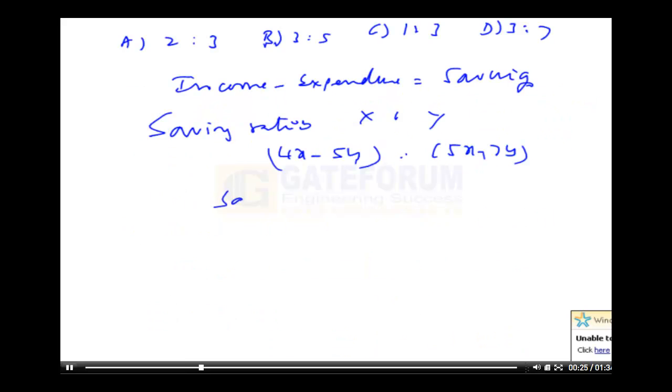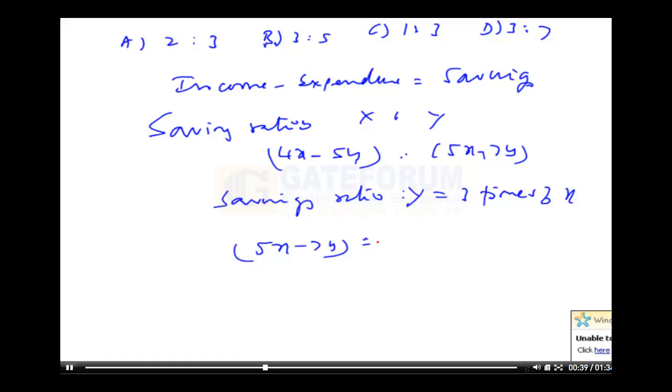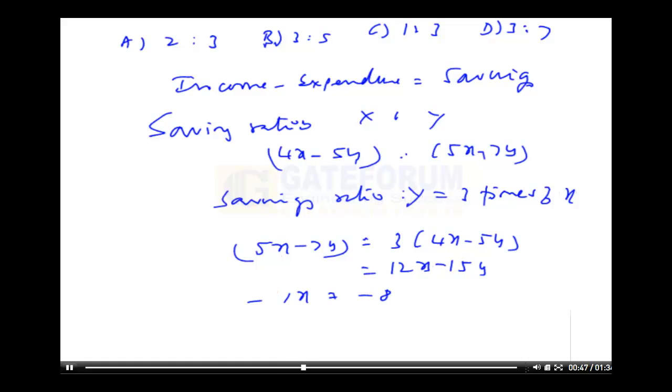It's given savings ratio of y is 3 times of x, which means 5x minus 7y must be 3 times 4x minus 5y. So we get 12x minus 15y. Minus 7x is minus 8y, or x is equal to 8 by 7y.